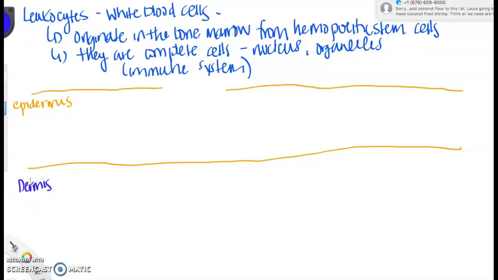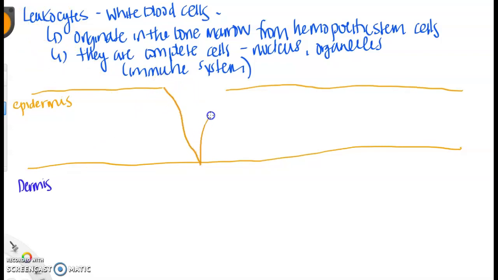Because we know that the epidermis and the dermis are two different tissue types. The epidermis is stratified squamous epithelia, and the dermis is connective tissue. So basically dense regular connective tissue with a top layer of areolar. Hopefully you remember that from the skin chapter.